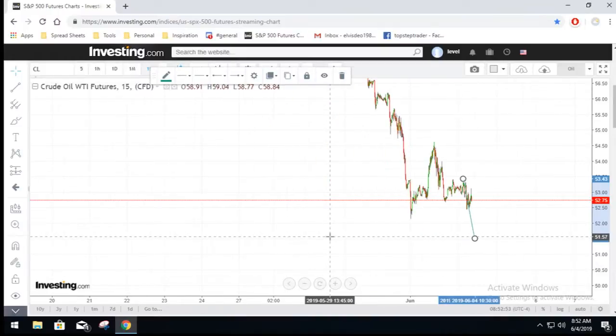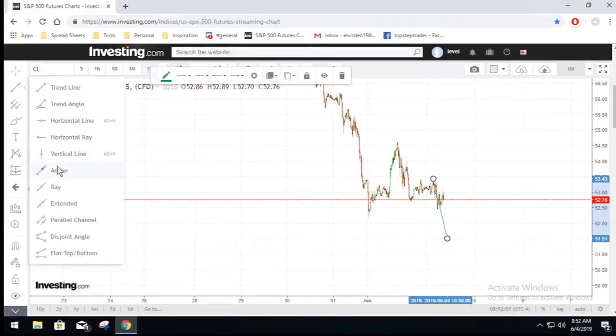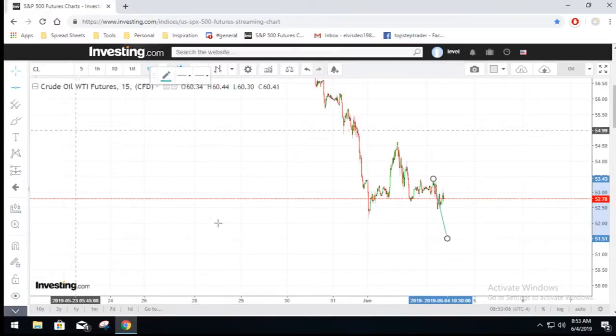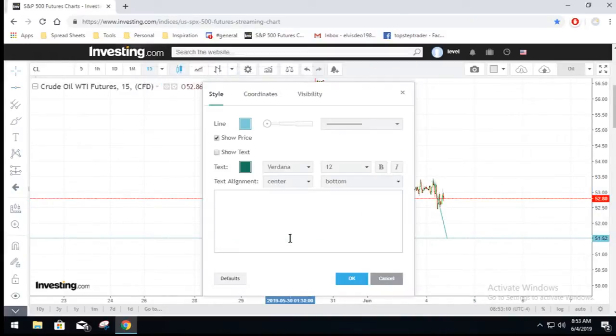So 51.50s will be in play for us today. If we do see it, then we might be able to buy, and on the sell side we're looking for a return to node structure at 53.40s. So 51.50s is your buy zone.